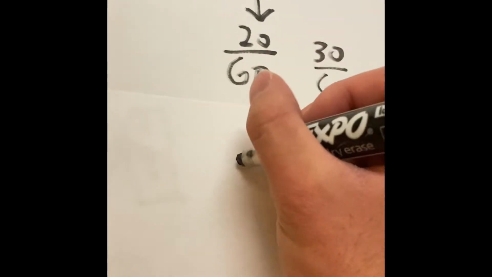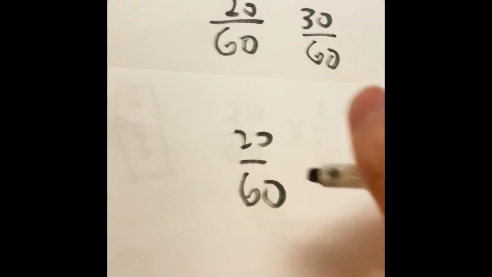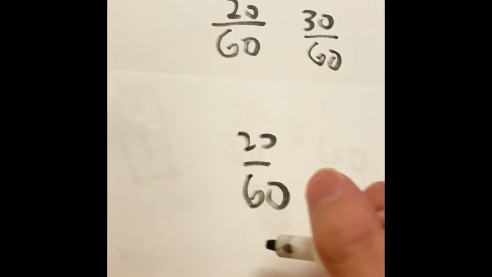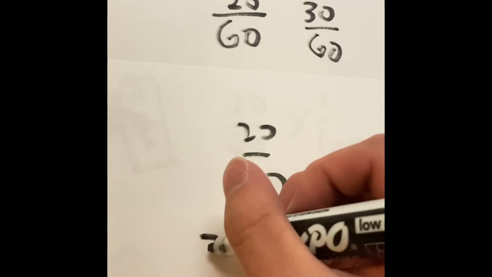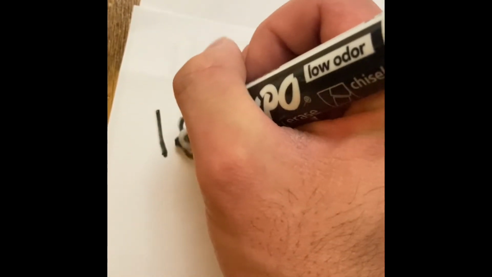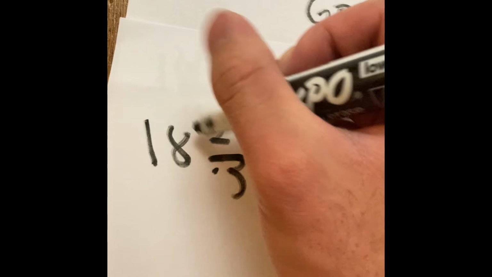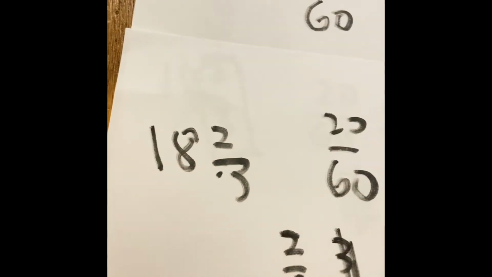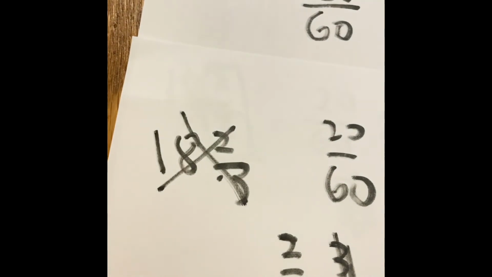We have to put 20 over 60 on the bottom, but if we simplify, couldn't we do that? Well, let's try that. If we do 1 over 3, and say our final answer is 18 degrees 1 third, that is not our final answer, because we have to wait a second.